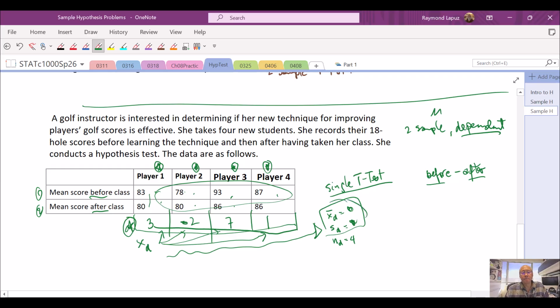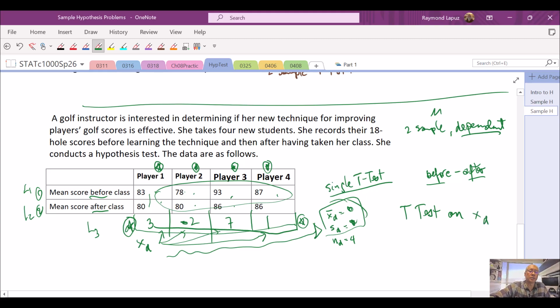In the calculator, you can also type this into L1 and L2, and then produce L3. You get this, and then you do your one-variable t-test, just a regular t-test on x sub d.